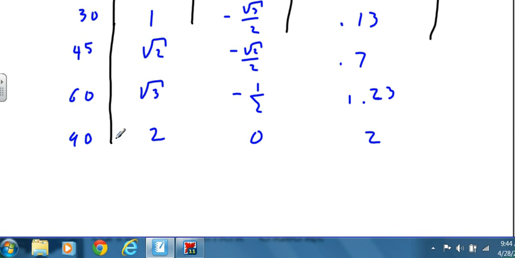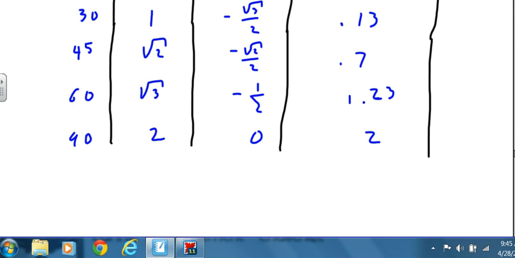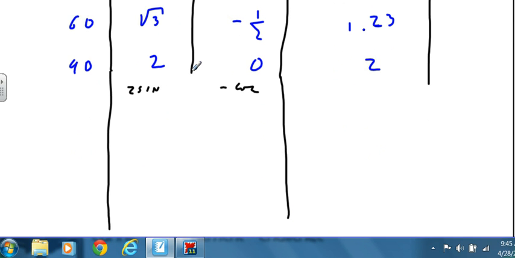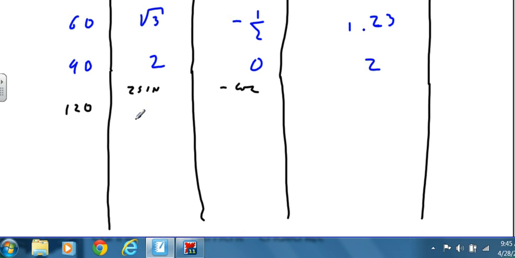So then we're going to have to do it again. Okay, so we're reminding ourselves we need 2 sine, and we want minus cosine. So that's what we're looking for. Okay, now we're in the second quadrant. I'm looking at 120 degrees, and I'm going to be at the square root of 3, and I'm going to be at plus a half.